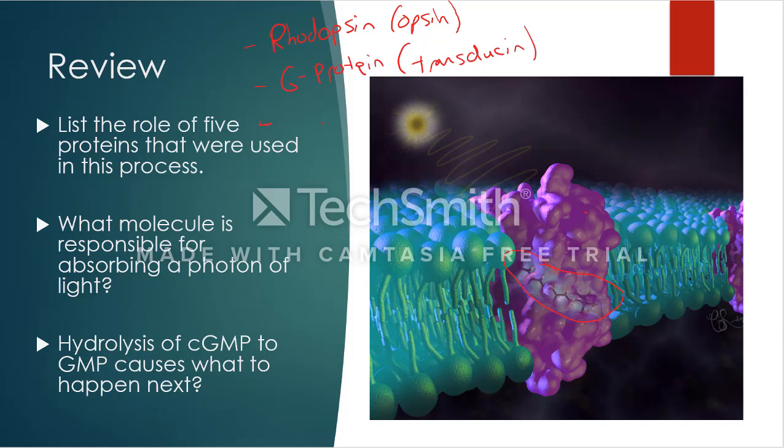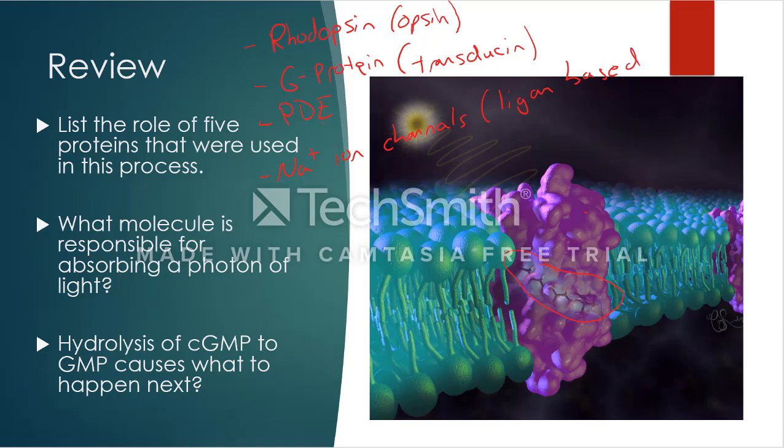All right, the alpha subunit of this G protein turned on phosphodiesterase. Phosphodiesterase hydrolyzed cyclic GMP into GMP, which then caused the sodium ion channels to close. So that was our fourth one. Remember, these ones were ligand gated based on the cyclic GMP.